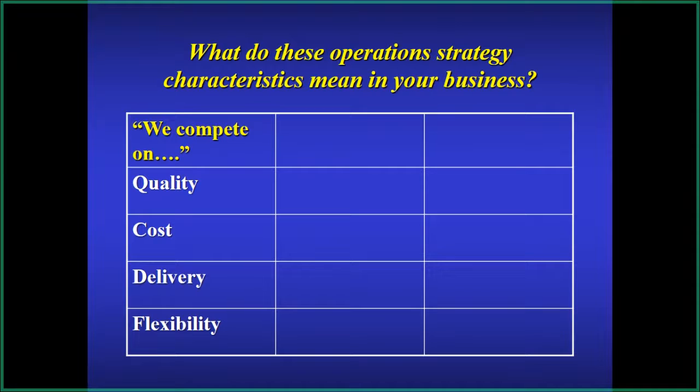So sometimes quality is no deviations from specifications. Sometimes quality is going above and beyond. Sometimes it's the customer feels indebted to you somehow for having created superior value. Sometimes it's functionality. What's quality?